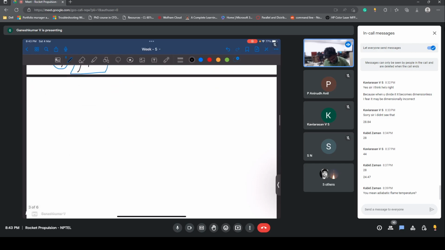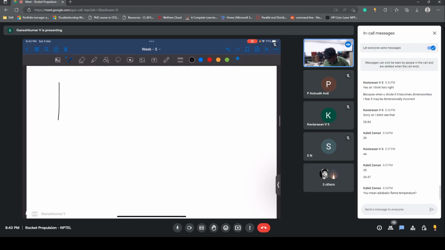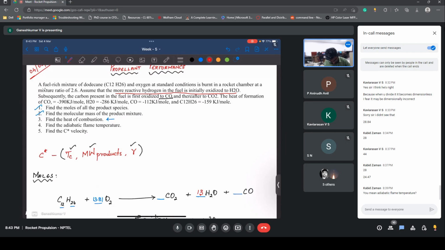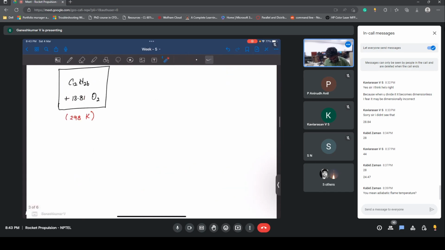Let's consider a thought process. Initially I have a box which has C12H26 and some moles of O2, at 298 Kelvin, which is what is given in the question, at standard conditions. Now I am allowing it to react, and it can form all the products it wants.